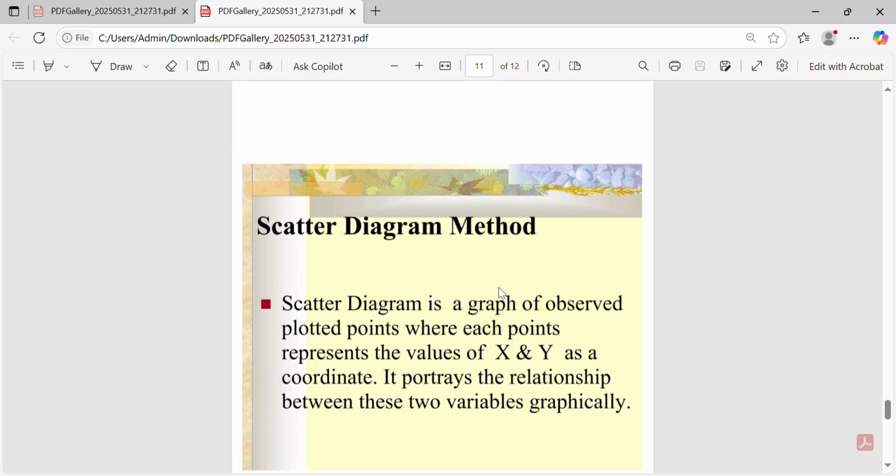Scatter diagram method: a scatter diagram is a graph of observed plotted points where each point represents the values of x and y as a coordinate. It portrays the relationship between these two variables graphically.